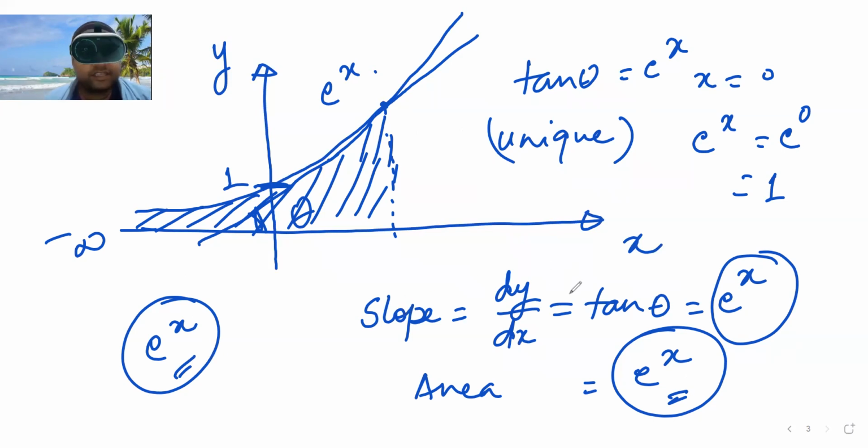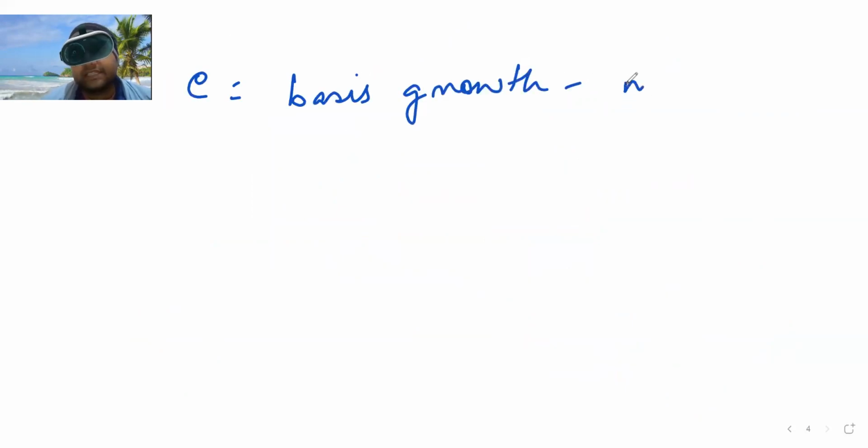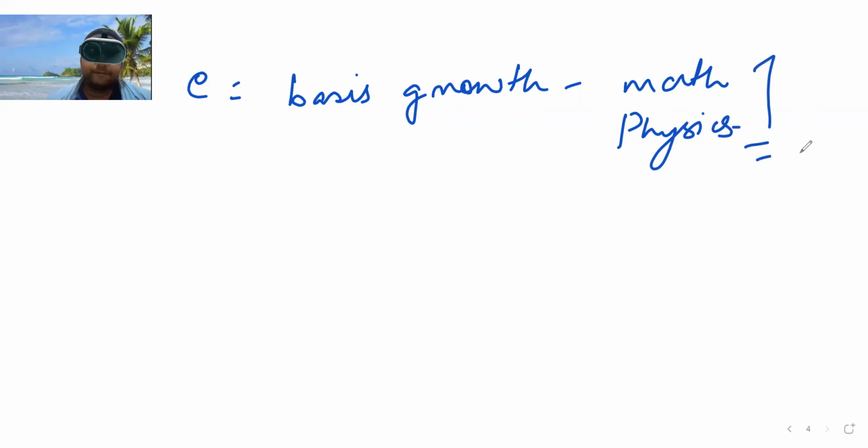The differentiation, the integration, and the function at all given points of time is the same value. So that's interesting. And that really tells us that, therefore, E as a constant becomes the basis of growth in calculation, in maths, in physics, and in many other applied fields like that.